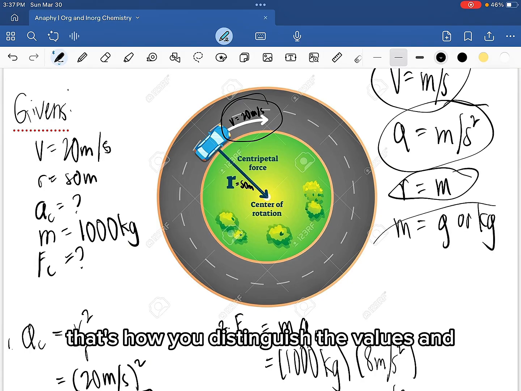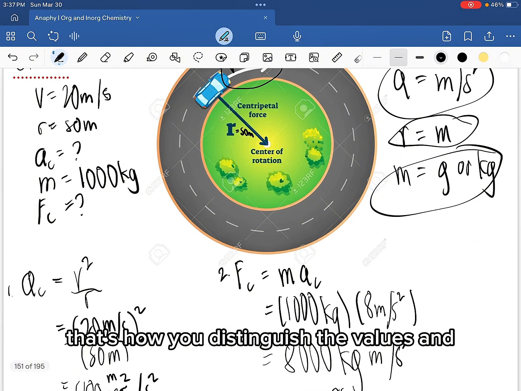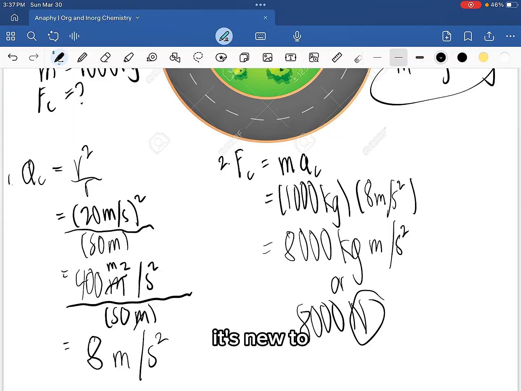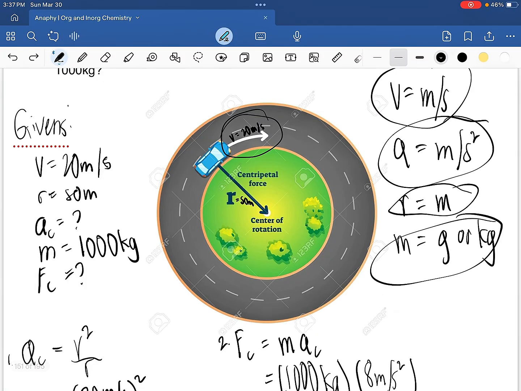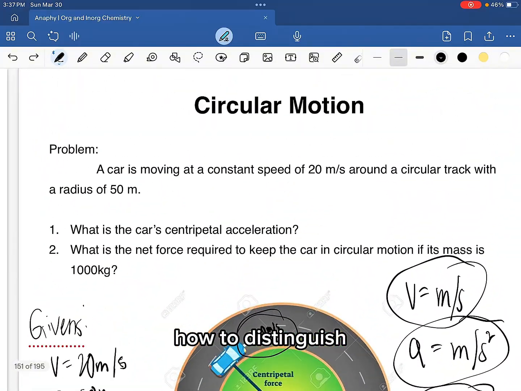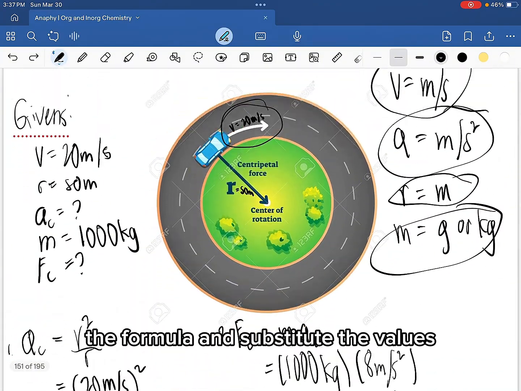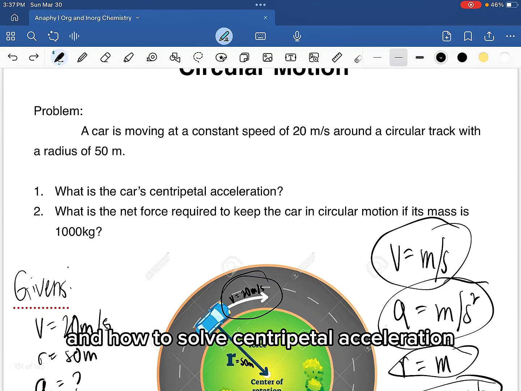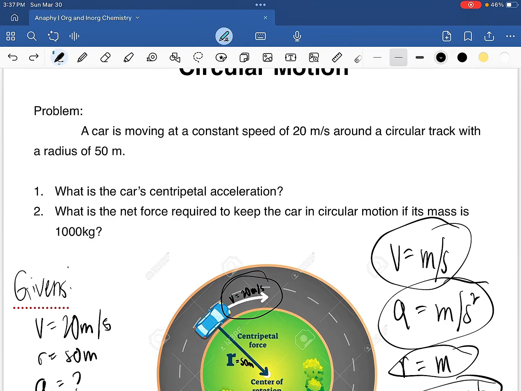That's how you distinguish the values. And for force, it's newton. And that's it. Now you know how to distinguish the values, how to distinguish the formula and substitute the values, and how to solve centripetal acceleration and the net force.